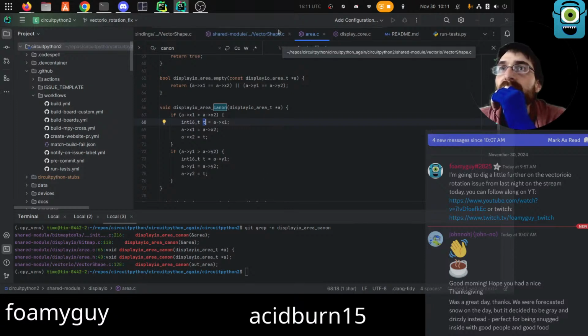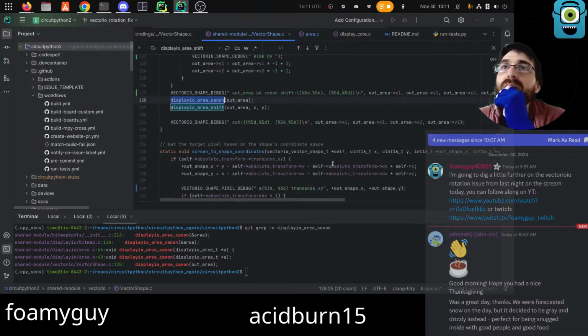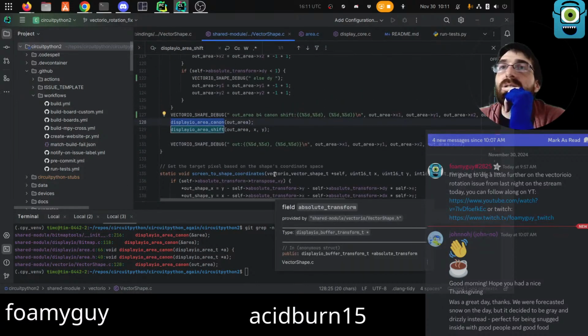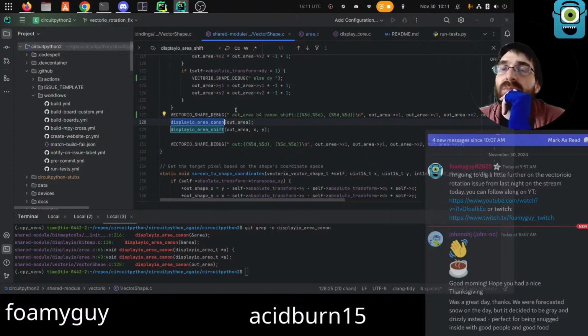Okay, so that is going to manipulate it, but only by switching x1 for x2 and y1 for y2, and only in the case that one of them is bigger than the other.